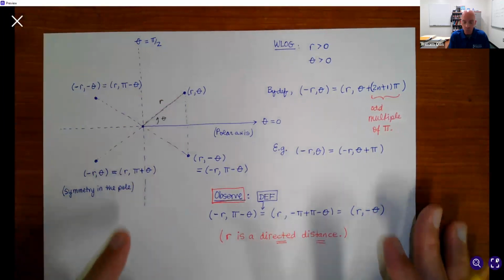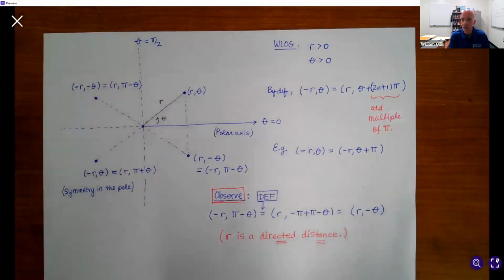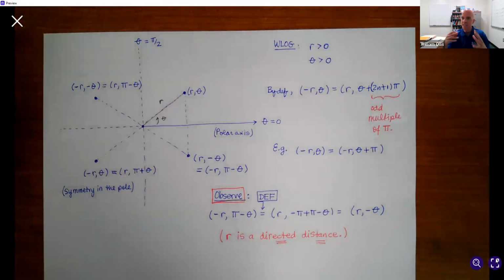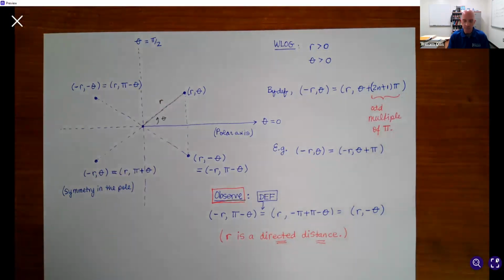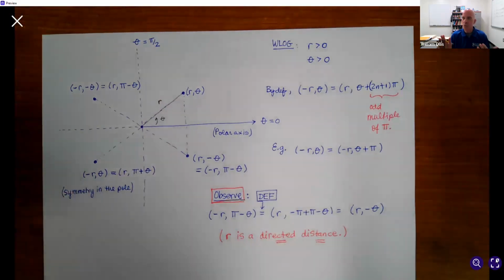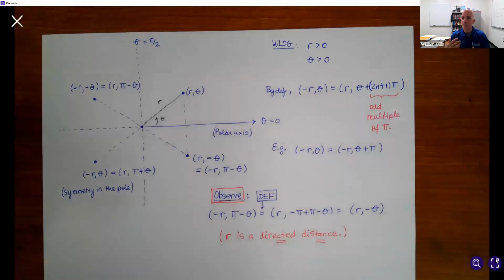So when we think of R just as being positive, then it's easy to think of what we did in trigonometry. But the negative is always a reflection, always gives us the reflection in the pole.